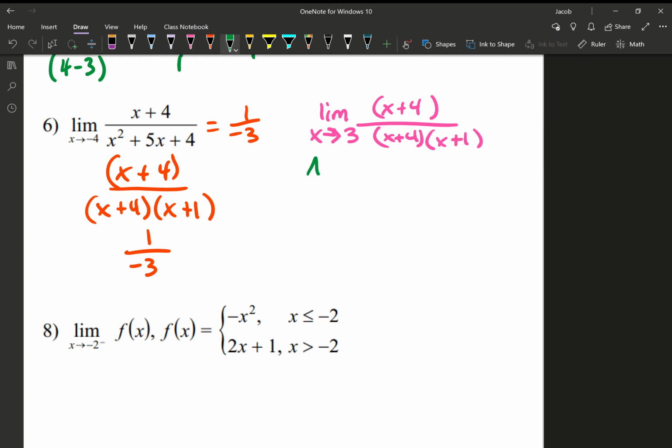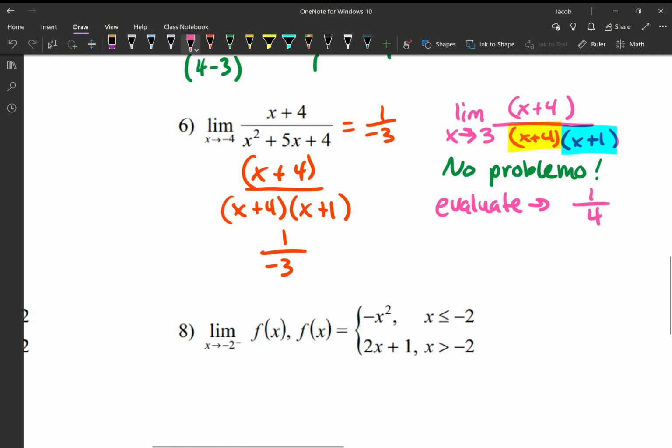There's no problem, because 3 is on a part of the graph that is not represented by a hole or a vertical asymptote. So we can just evaluate. This is direct evaluation. So we'll plug in 3 to get 1 over 4.